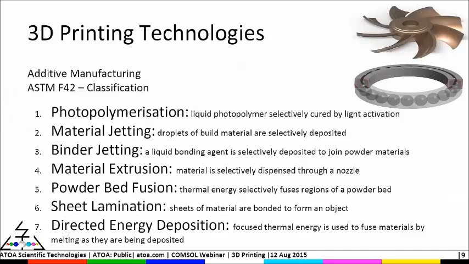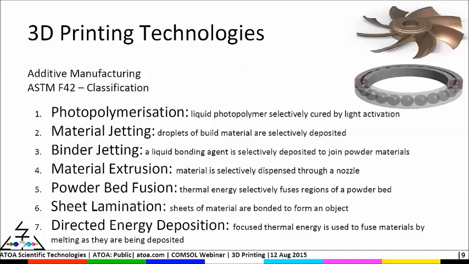This slide shows a summary of classification of current 3D printing or additive manufacturing technologies. This is categorized into 7 technologies based on the manufacturing method employed: photopolymerization, material jetting, binder jetting, extrusion, powder bed fusion, sheet lamination, and directed energy deposition.